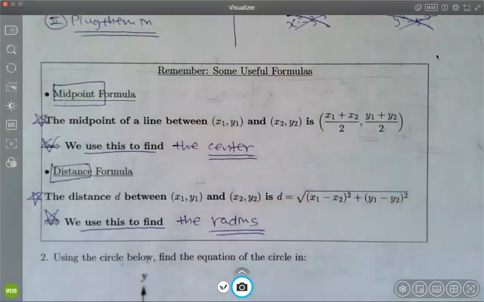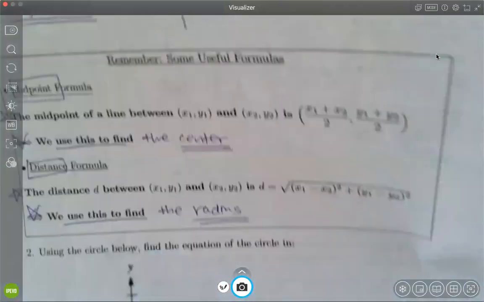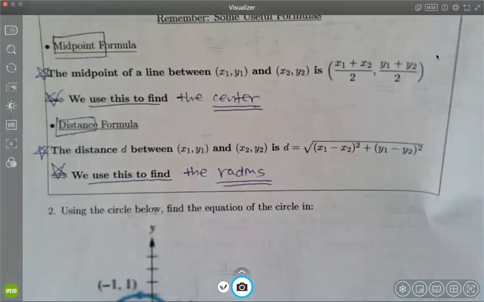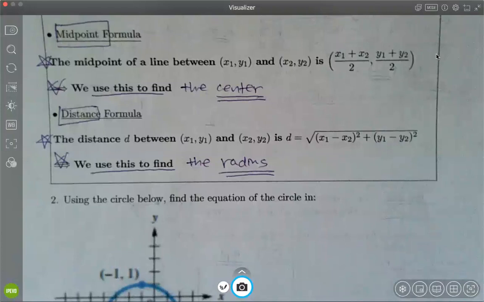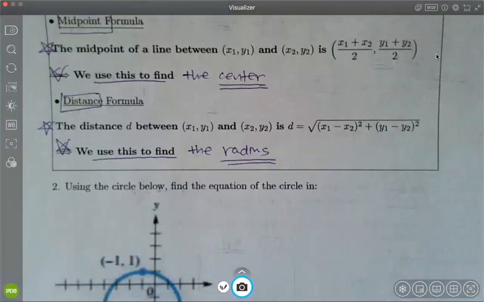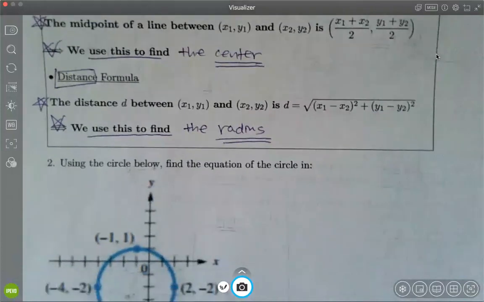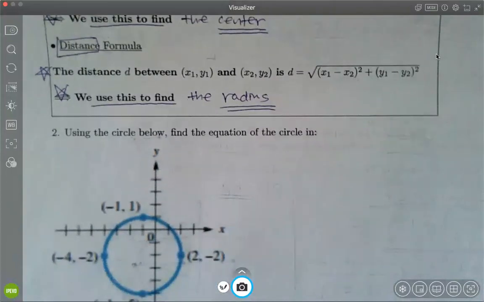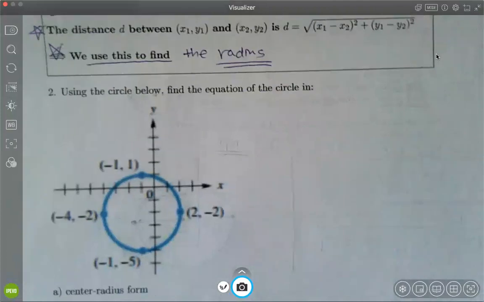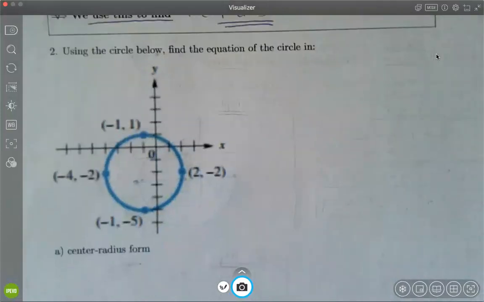Now let's use these two formulas on the following problem. Using the circle below, find the equation of the circle in part A, center-radius form.